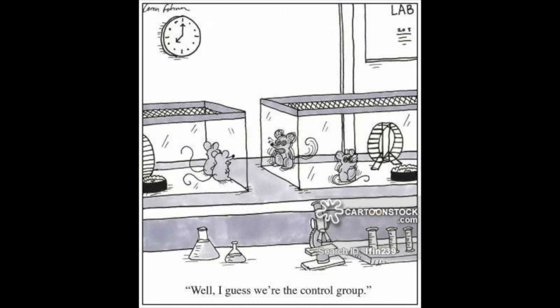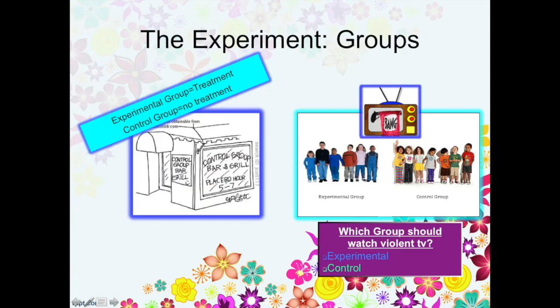But basically, they act as a baseline for comparison against the data on the DV we get from the experimental group. So we can actually have multiple experimental and control groups. Again, we discussed that if you wanted to have people watch violent TV, you could have multiple levels of the IV violent TV with the horror, the Western, and the action movies.